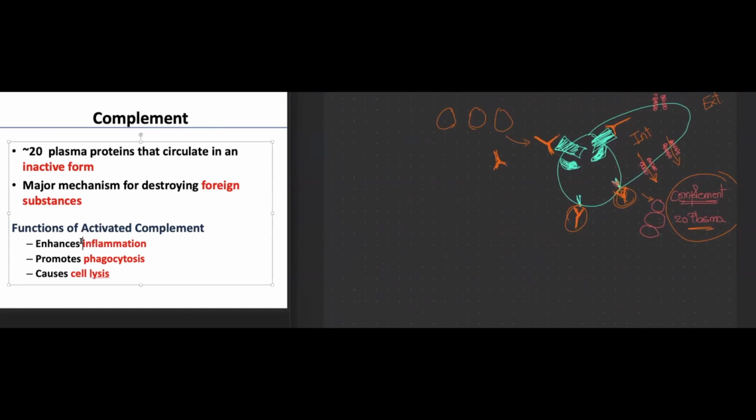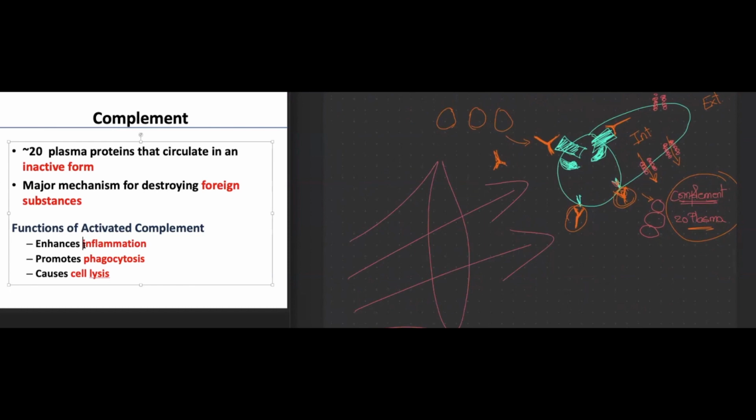Again, why do you need to induce inflammation? You dilate the vessels. Dilated vessels will bring you more immune cells at the site of the infection, attacking and destroying this bacteria. In this case, it's going to be a bacteria.